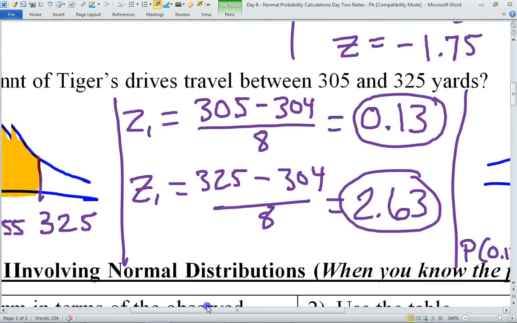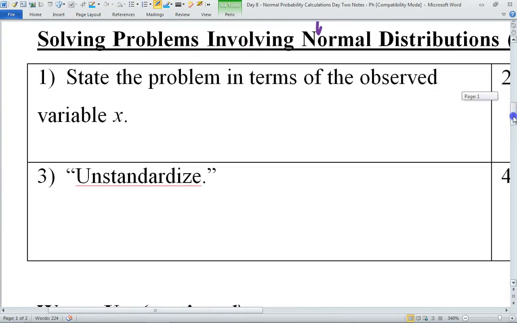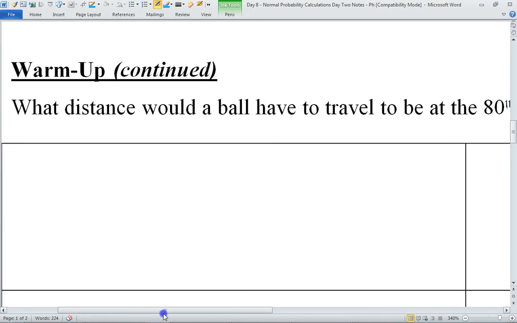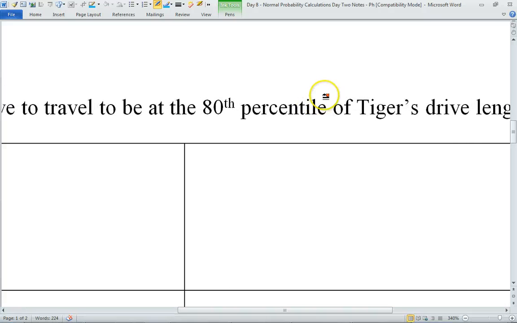Okay, now look at this new type of problem that we're going to learn about today. It's backwards. For the problems we're going to be given today, we're going to be given the percent. Okay, the 80th percentile. We are given the percent, and we're supposed to figure out the number. That is backwards.